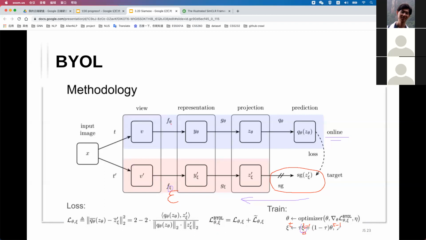But I think that's not a part of the stop gradient. Stop gradient just makes the two neural nets have different output, I think.